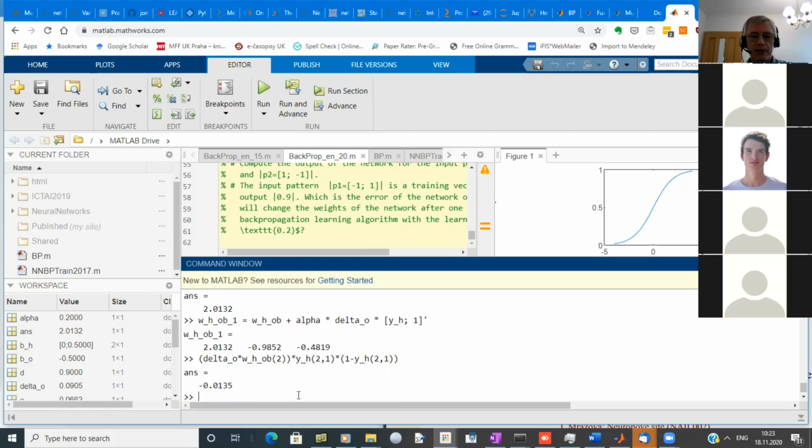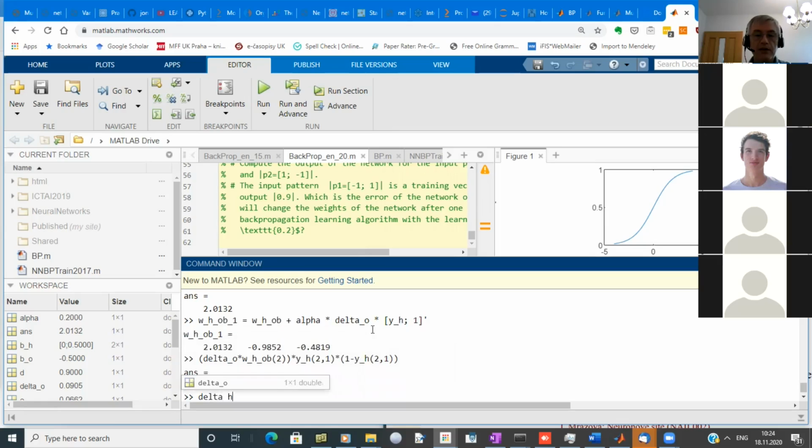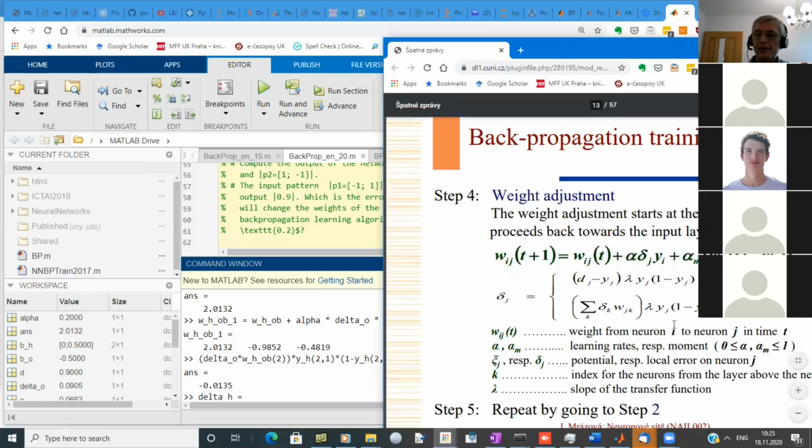So this is what I obtained. It is the delta term of the second neuron. Now I would like to compute delta underscore h, the delta terms for all hidden neurons. So the right-hand part of the formula is the output of the neuron times 1 minus the output of the neuron.